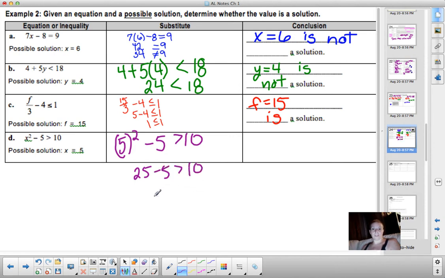Well, hopefully you can see that yes is already true. But because we're always going to show all of our work, 25 minus 5 is 20. 20 is definitely greater than 10. So our conclusion in this case is x equal to 5 is a solution. Complete sentence. Remember when you're doing your whisk, I'm expecting complete sentences.